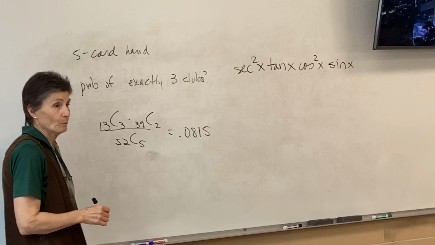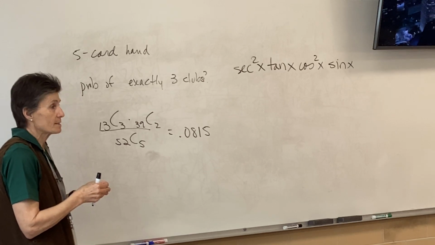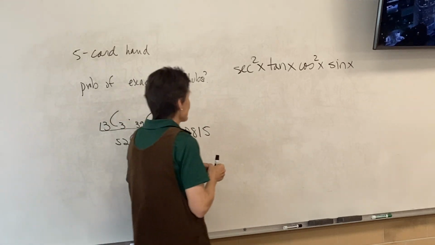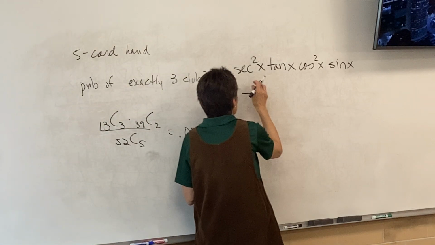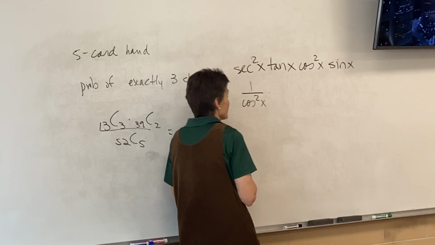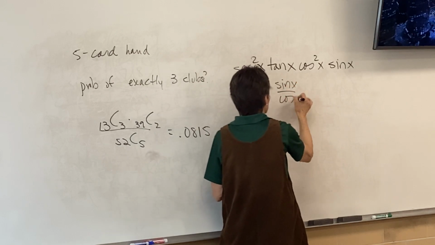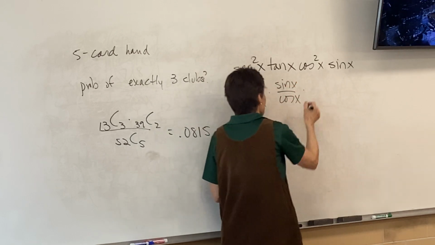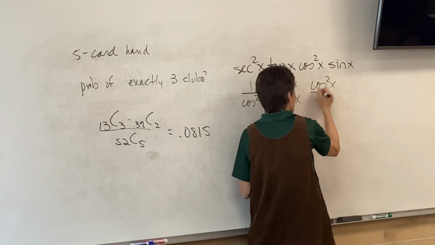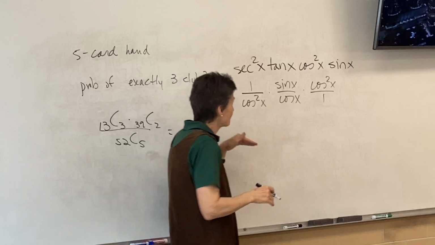So what do we do? We change everything into sines and cosines. And that means everything's going to be a fraction. So secant squared is 1 over cosine squared. Tangent is sine over cosine. Cosine squared is already cosine squared. So we just put it over 1 to keep everything lined up, and sine.